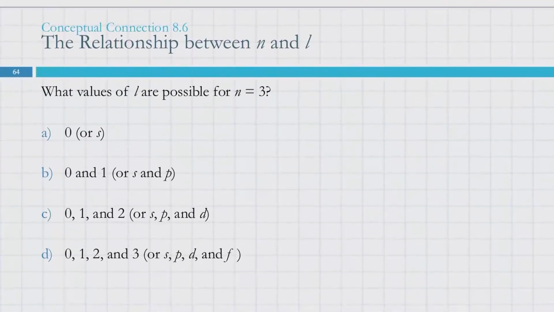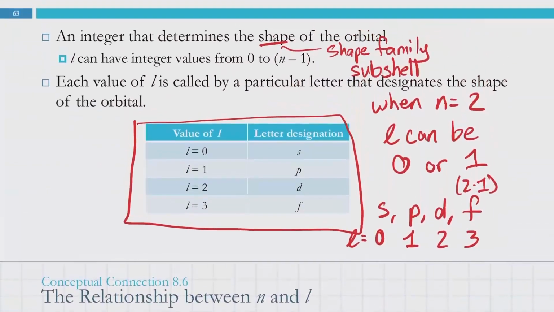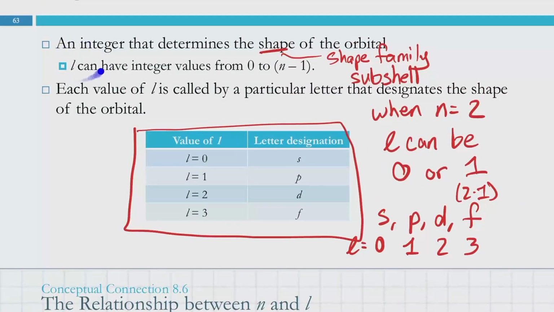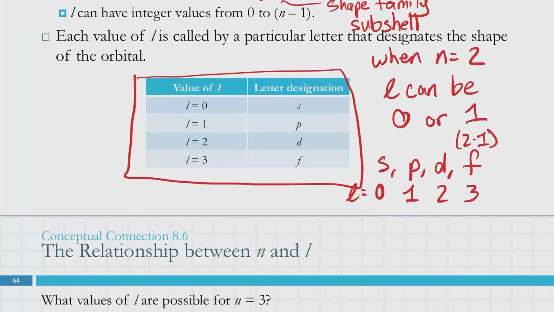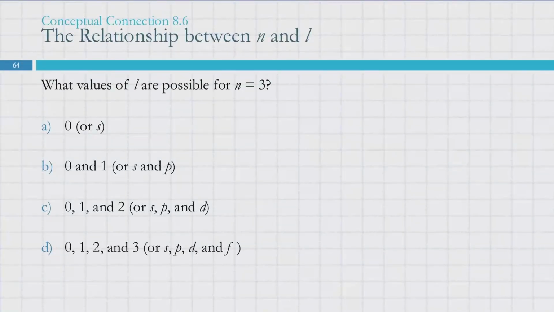What values of L are possible for n equals 3? Our rule is that L can have integer values from 0 to n minus 1. It can have whole number values from 0 to n minus 1. What's n equal to? n equals 3.